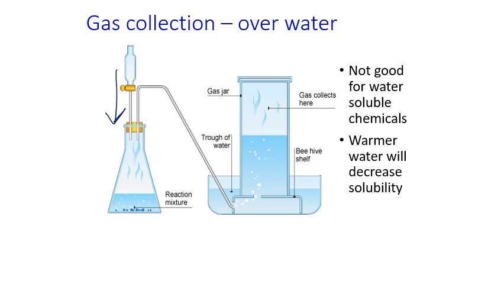There's a reaction. The gas is then bubbled up into a gas jar where it is collected in this cavity here. And it can't obviously go down or escape because you've got the water there.